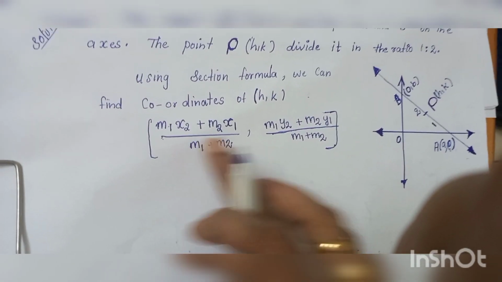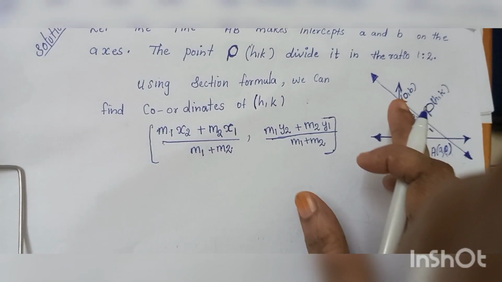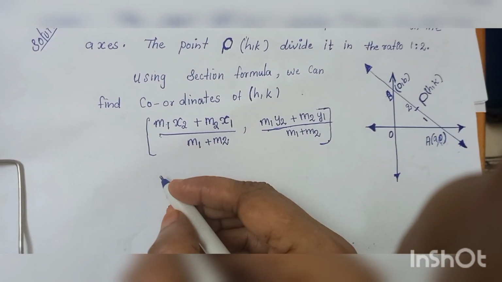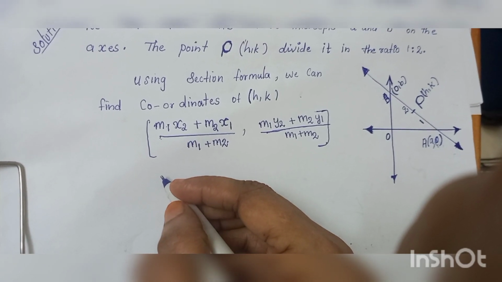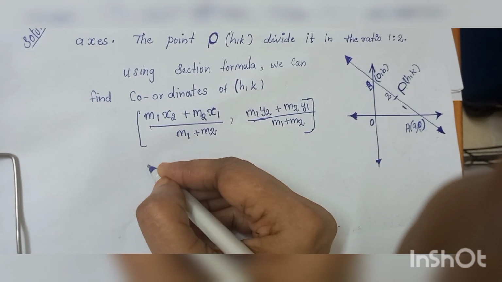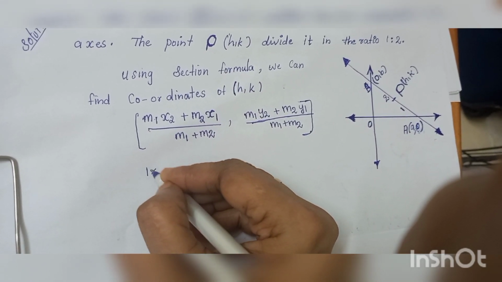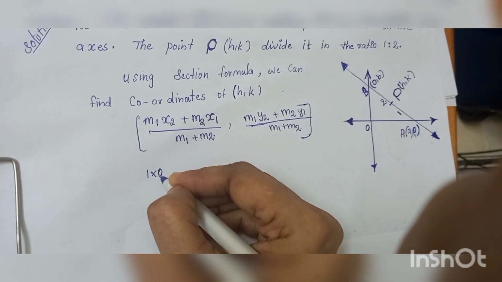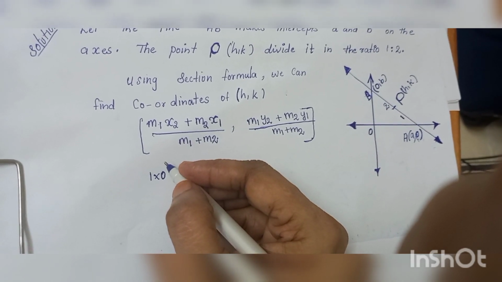So m1 x2 is what here? x2 is 0. m1 is 1 into 0.